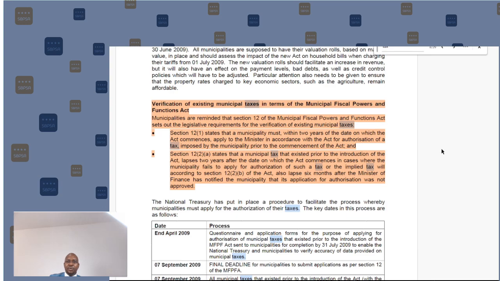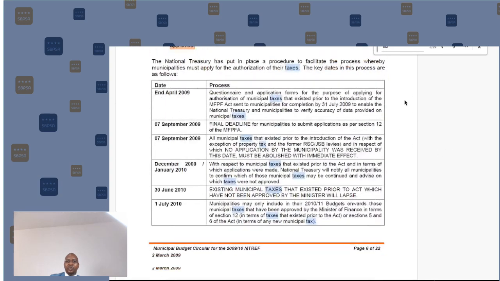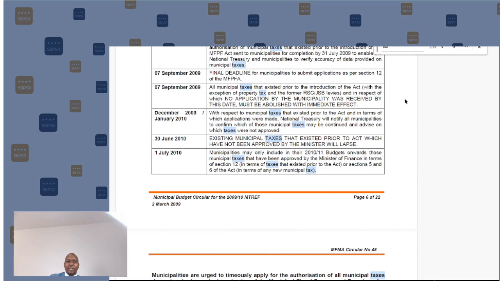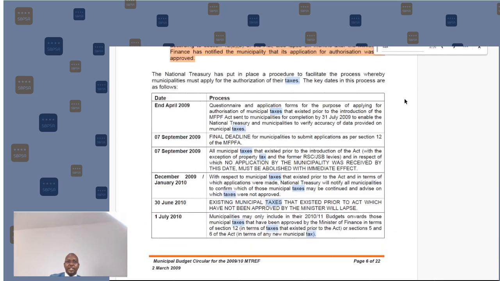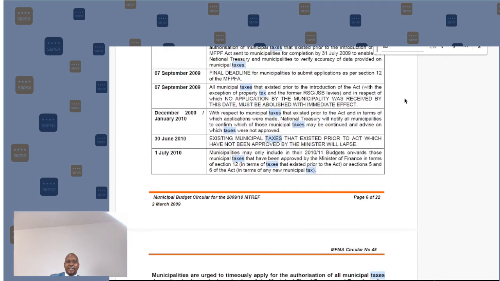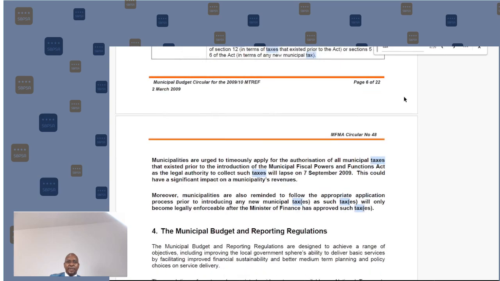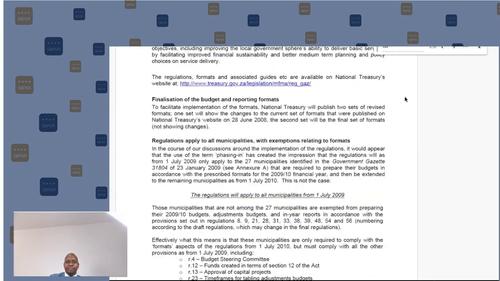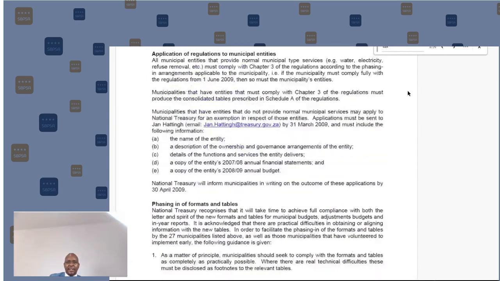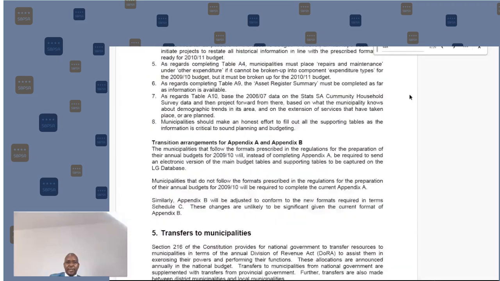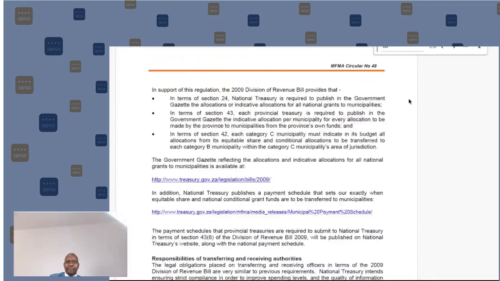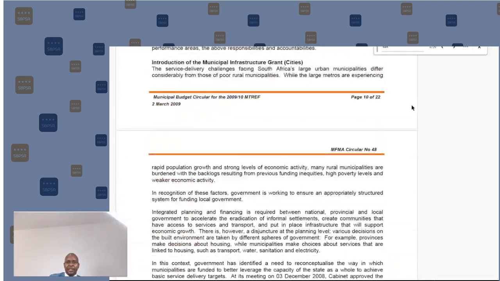So it is important that this circular also takes into account all the things that we have mentioned, and you can see that it also repeats the same information that we have already dealt with in terms of the previous circulars. Other than that, there isn't really something sensational in this.